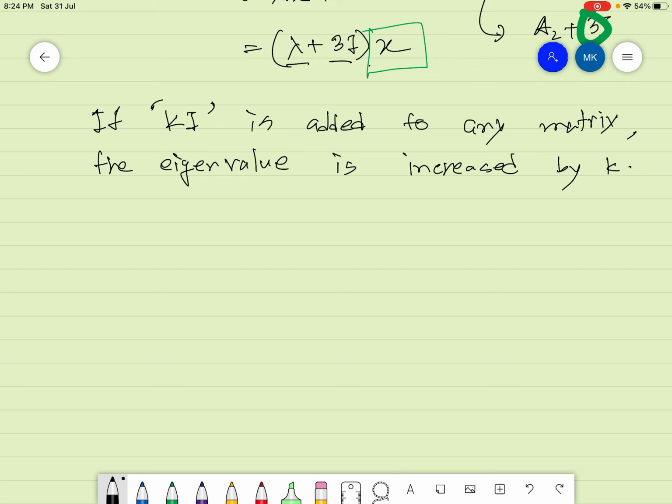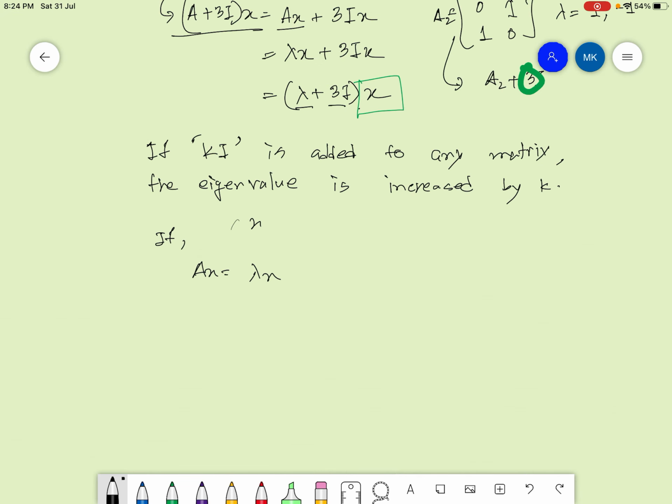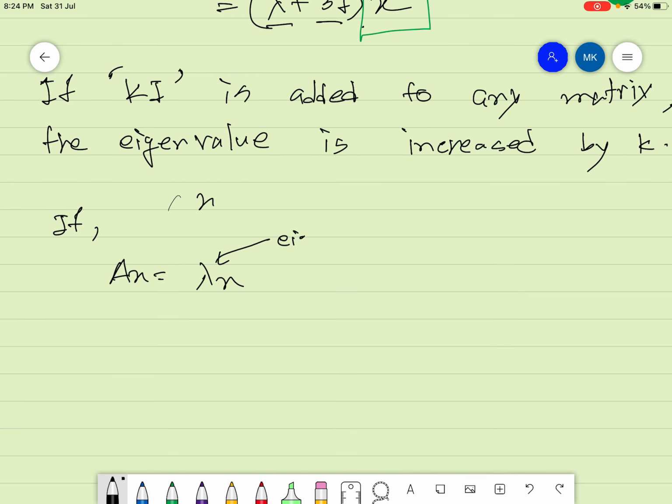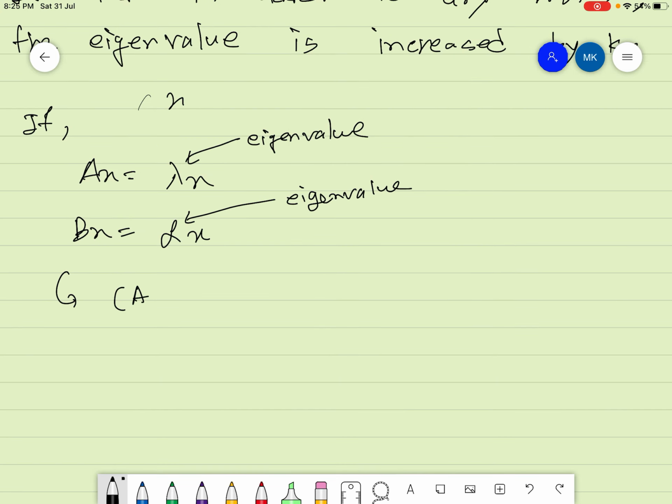There is a common misconception that if Ax equals lambda x, where this is the eigenvalue, and Bx equals alpha x, so this is the eigenvalue as well, then (A plus B) times x equals (lambda plus alpha) times x. This is wrong, right?